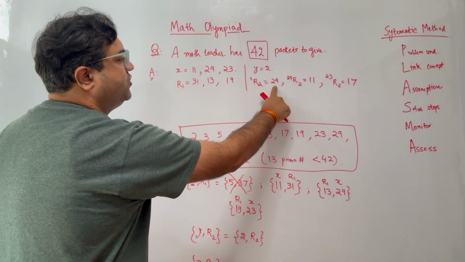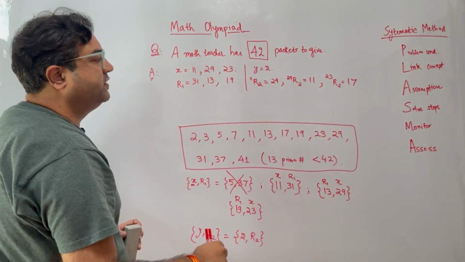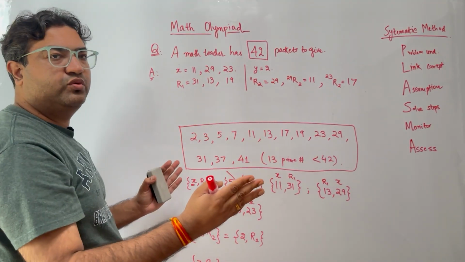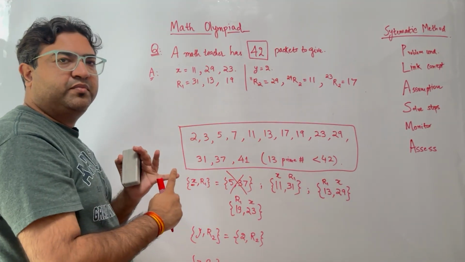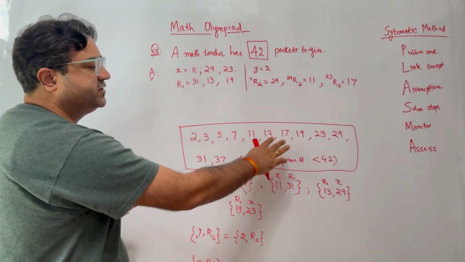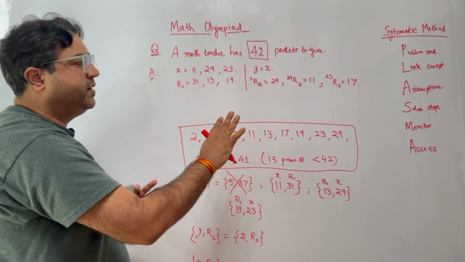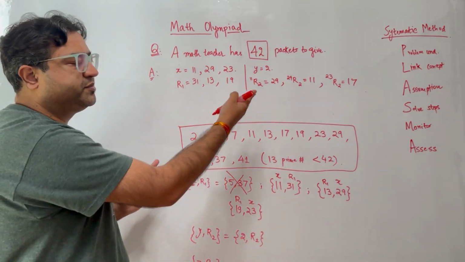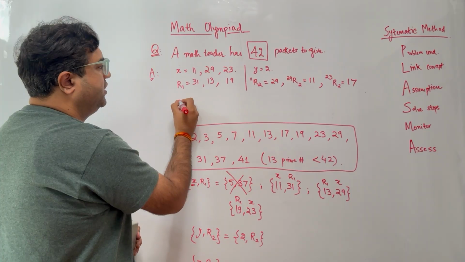Then based on this R2, 29, 11 and 17, now what we have to do is, we have to just split it into one prime number and one even. So as long as we find one prime number from this list, we are good, because the other number will become an even automatically, because we are subtracting an odd from an odd.